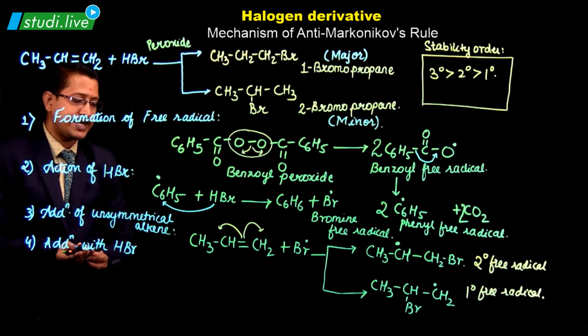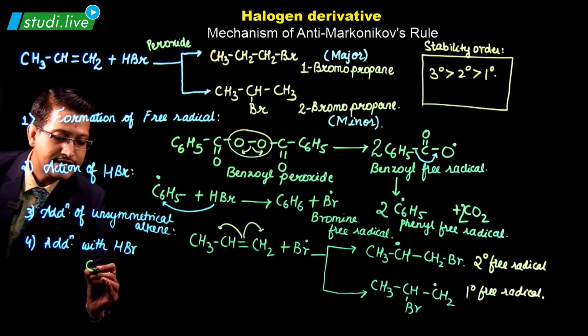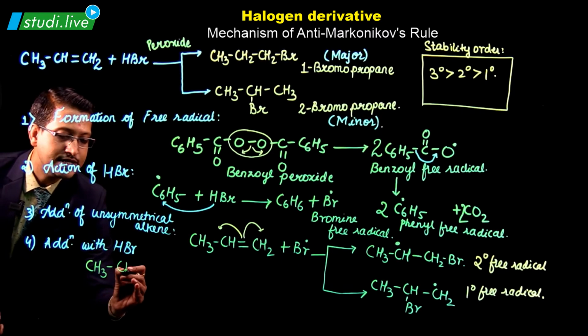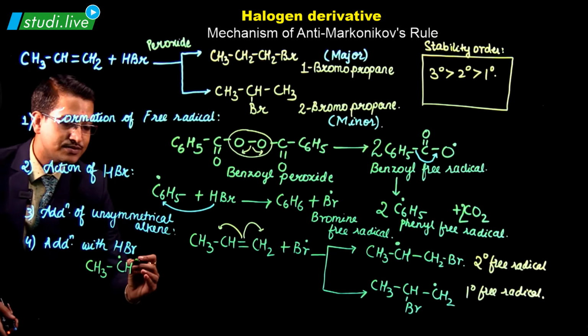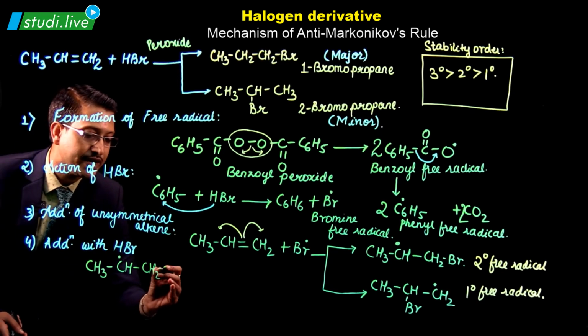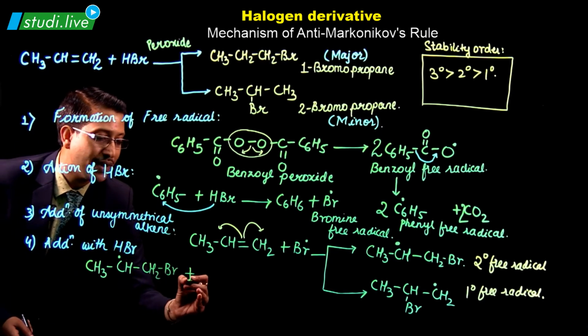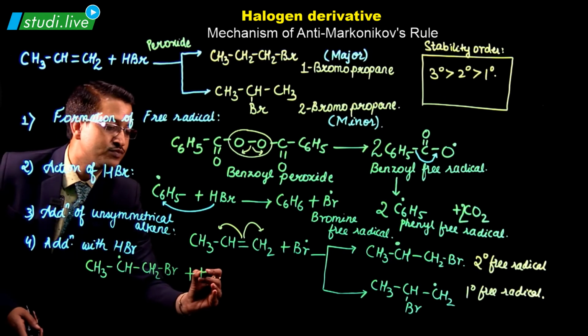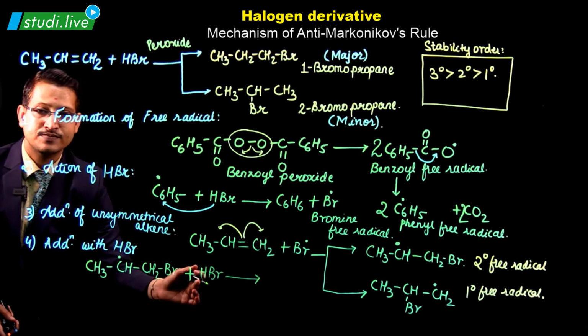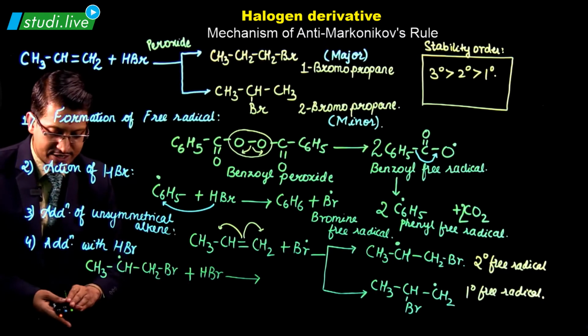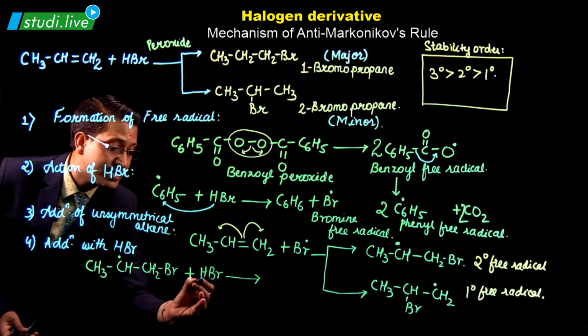Taking that for the reaction, what we get is CH3, CH with a free radical here, and CH2Br. Now this will combine with HBr. When this combines with HBr, this is H plus, so that H plus needs to be combined with CH.